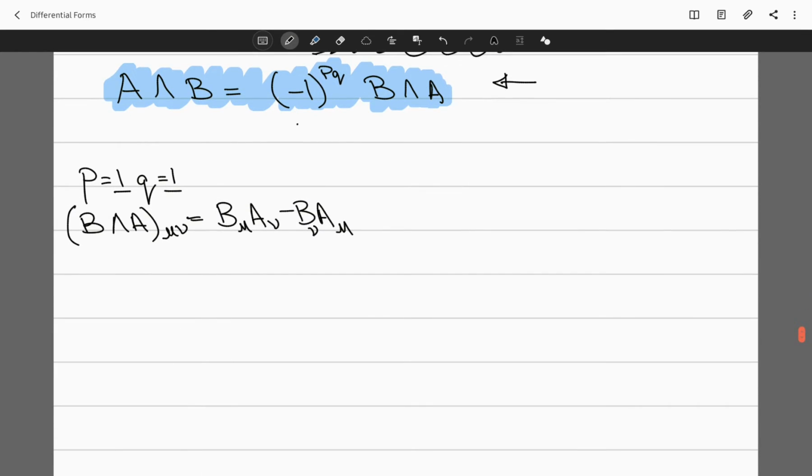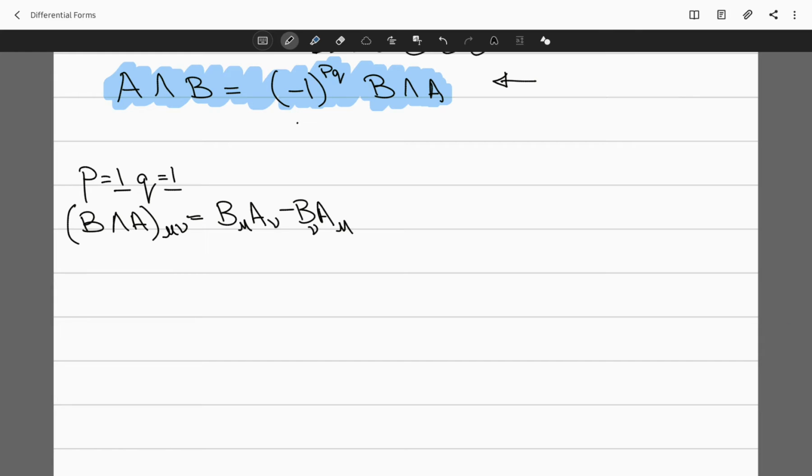Now, if we have this thing, what we can write this as is, if you use this relation now, your P and Q are 1, so we would have a negative sign outside, and in here I would have A mu B nu minus A nu B mu, right?